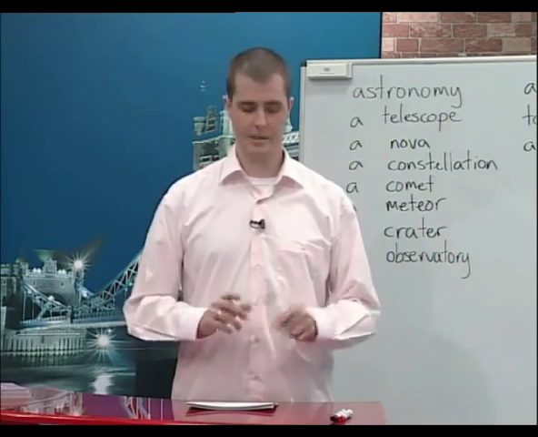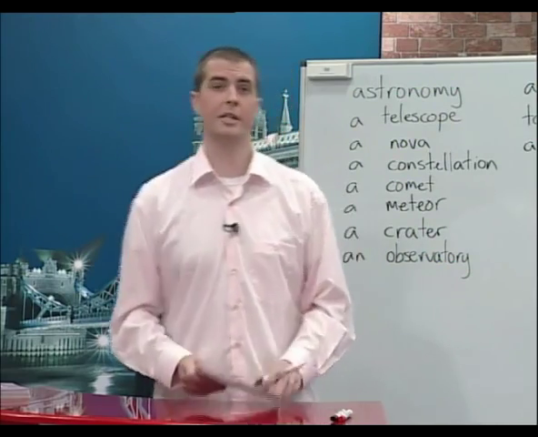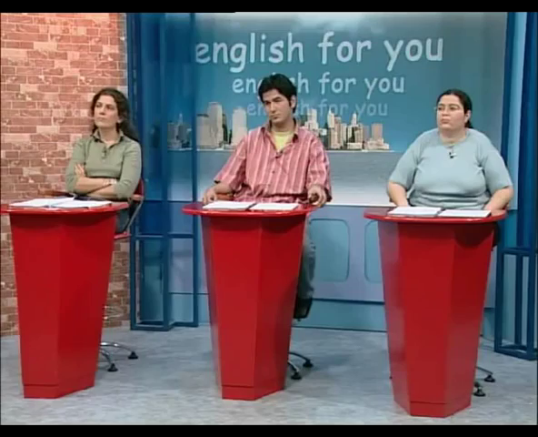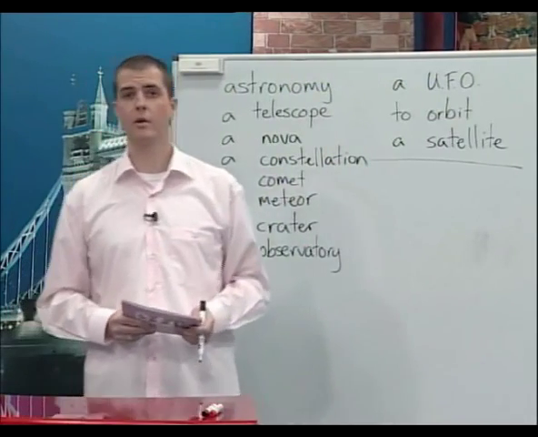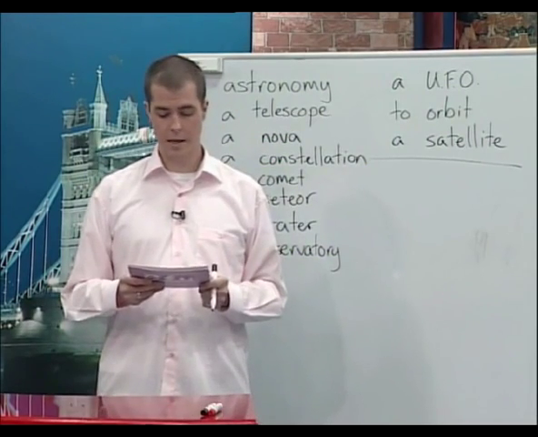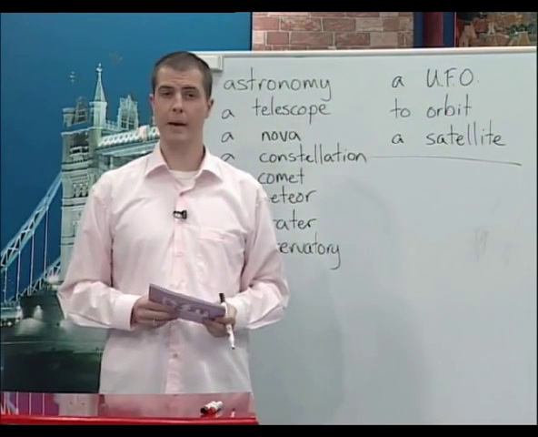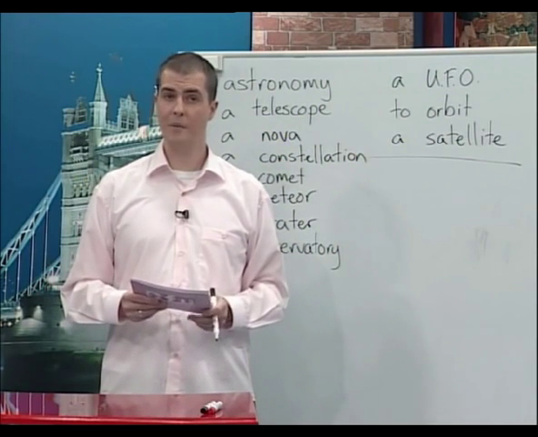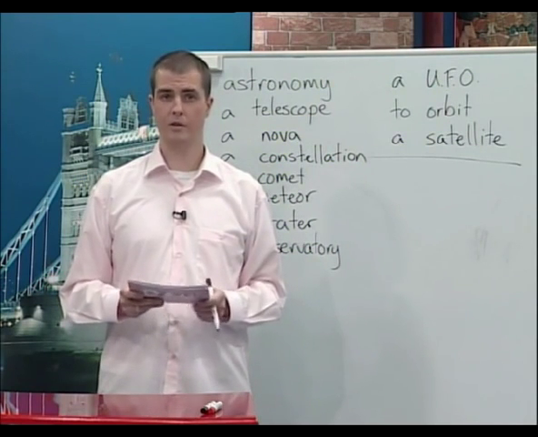So we use the passive in spoken and written English. In the active voice, the subject, or the doer of the action, is important. In the passive voice, the object becomes the important thing.